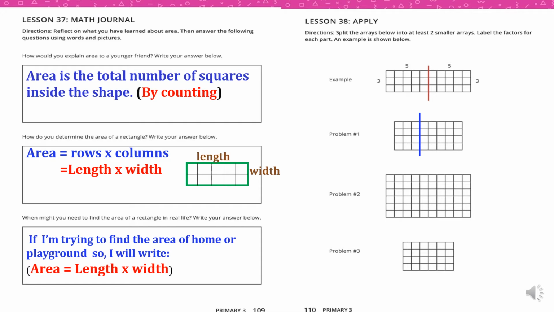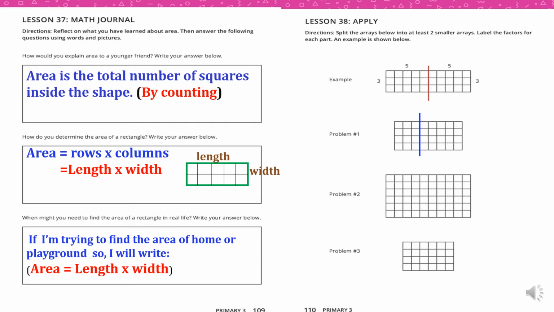We have here 1, 2, 3, 4, 5, 6, 7, 8 columns. 8 columns, and we have here 4 rows. We can multiply 8 by 4. 8 by 4 equals 32.